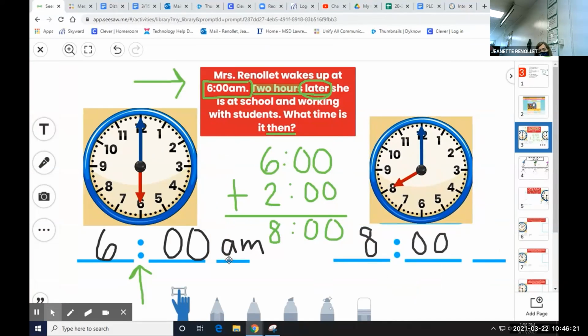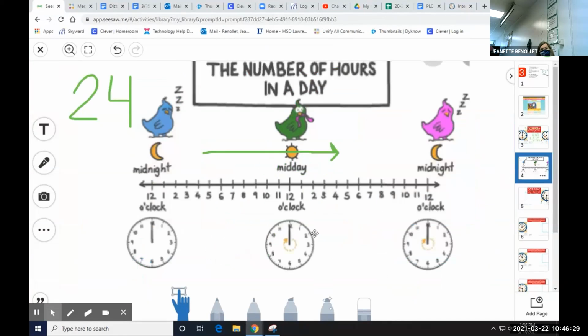Finally, I need to think about, is it AM or PM? I know that Mrs. Renelay wakes up at 6 o'clock AM, so I can think about that number line again.